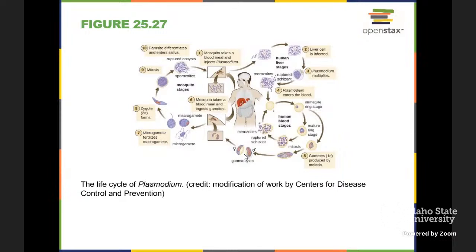They get sucked up by a mosquito. They undergo sexual recombination in the gut of the mosquito, fertilization, creating this zygote. It goes through asexual replications, creating sporozoites that are in the saliva of the mosquito that get inoculated back into us, and the cycle is complete.